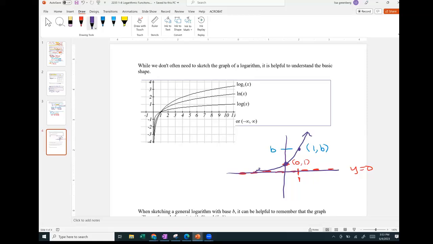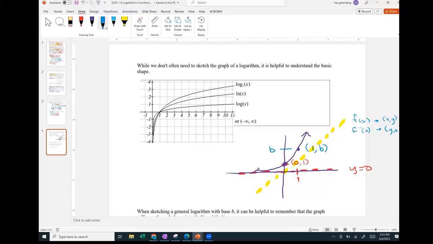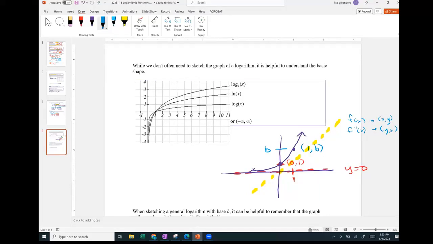Now, if we know that exponential and logarithmic functions are inverses, what that means is they reflect around this y equals x line. If x comma y is on the function, then the inverse function has y comma x. They flip. So if I have a point 0, 1 on my exponential function, I'm going to have a point 1, 0 on my logarithmic function.